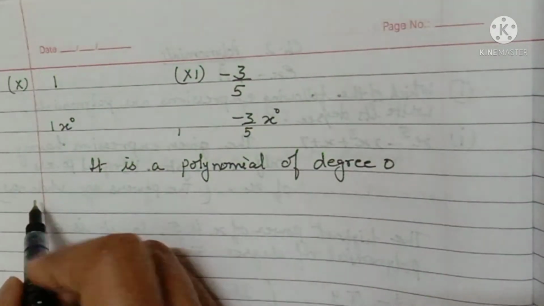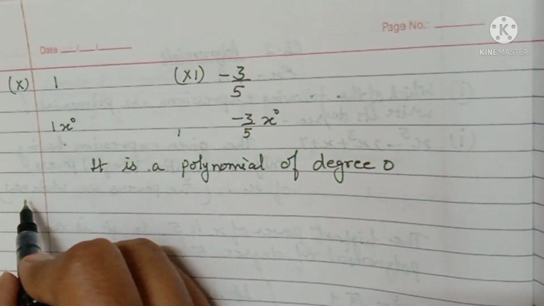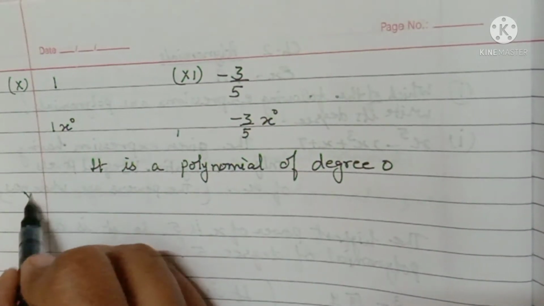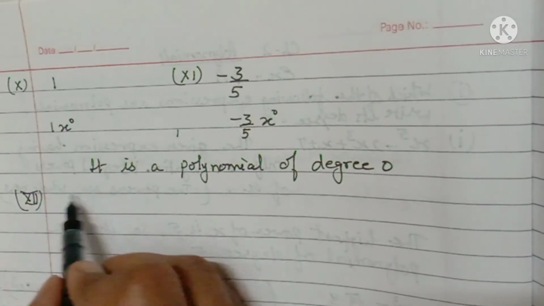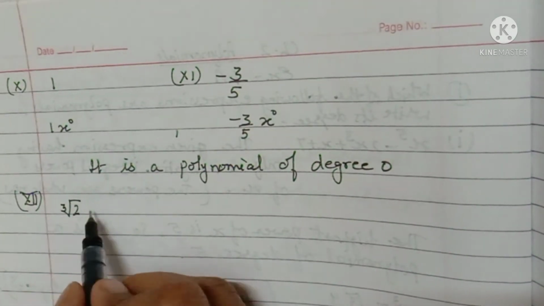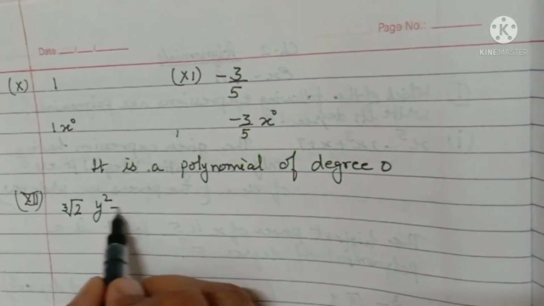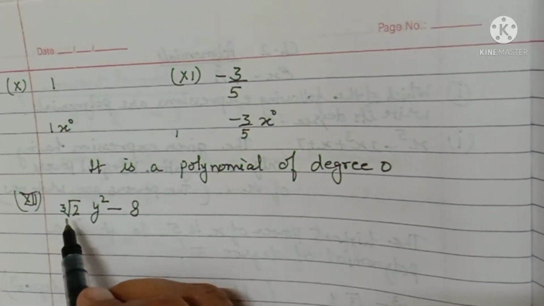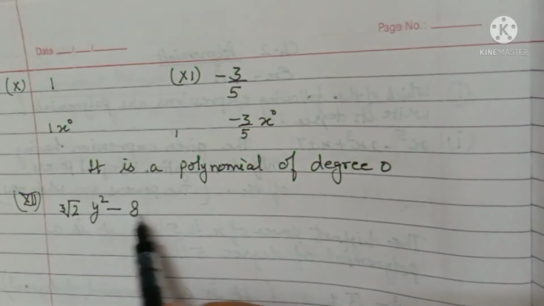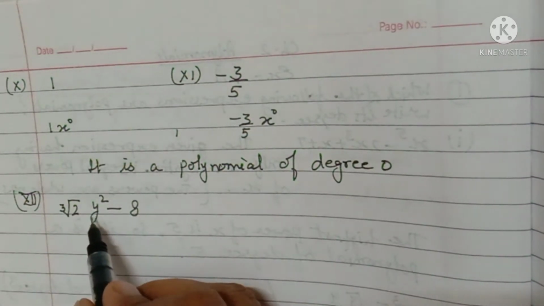Now come to the next part, and it is the last part, 12th. Cube root of 2 y square minus 8. So students, don't be confused about the constants and variables. You have to see only the powers of variables.